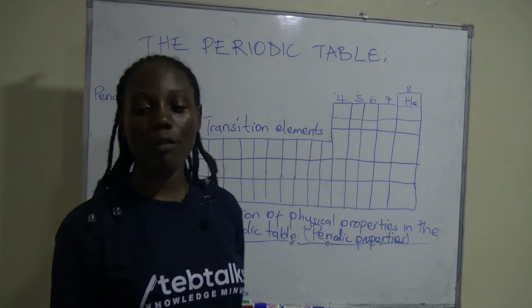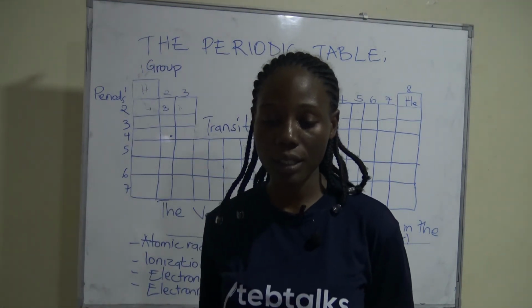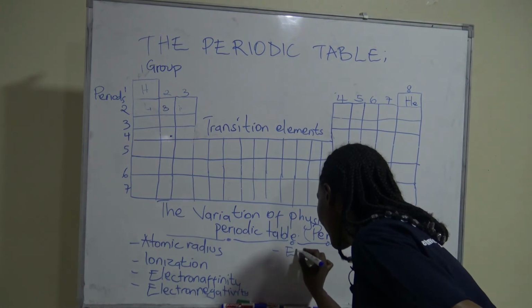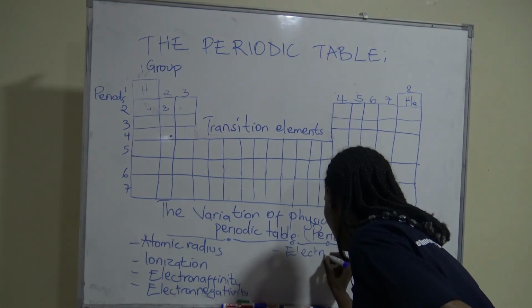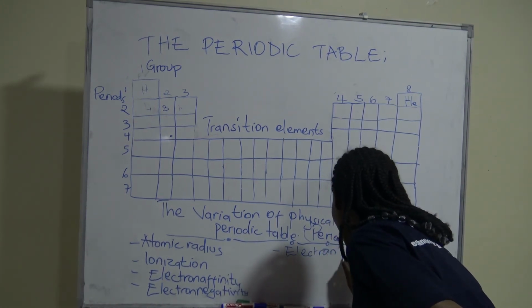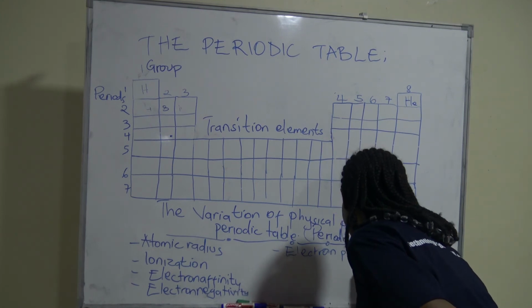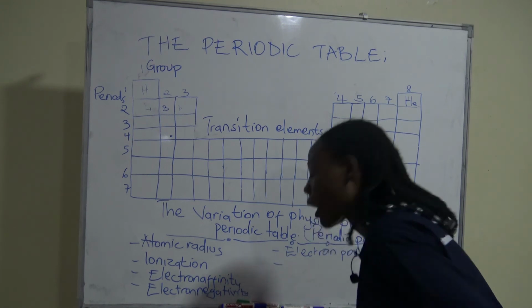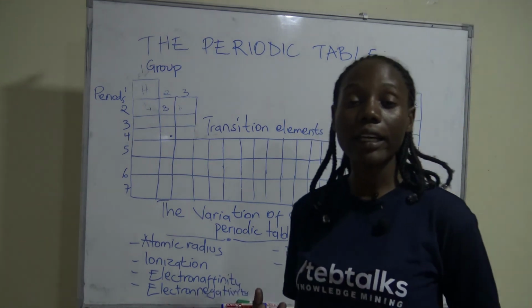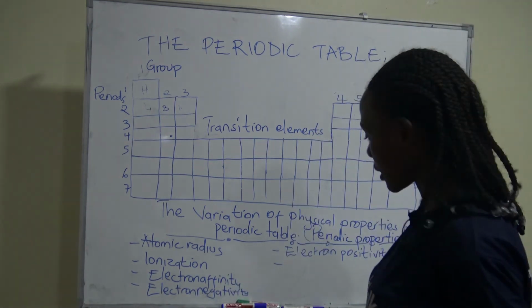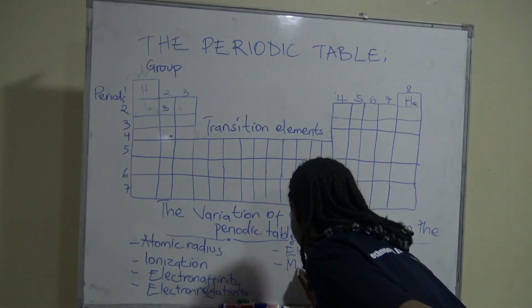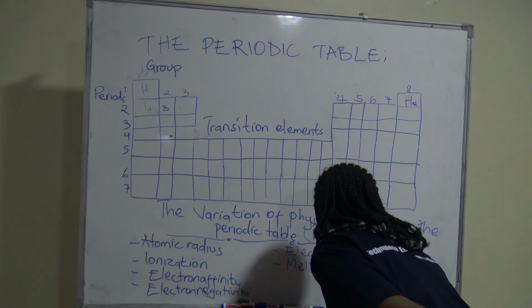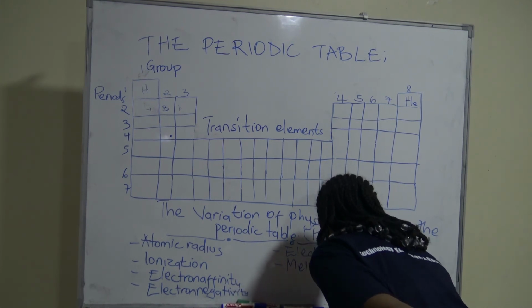We also have what we call the electropositivity. Then we have what we call the melting and boiling points.